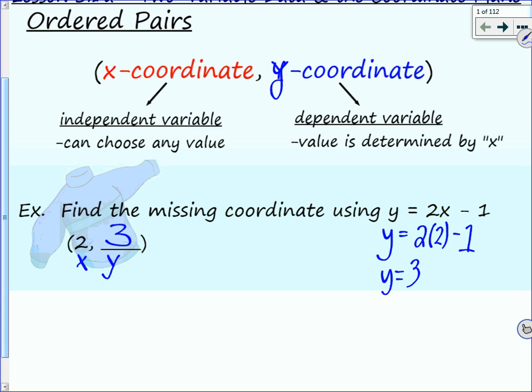Sure. The 2 is there because they gave you an ordered pair and they gave you the first number, and the first number is always the X value. They could give you the second number. If they give you the second number, you can plug it in where you see the Y.